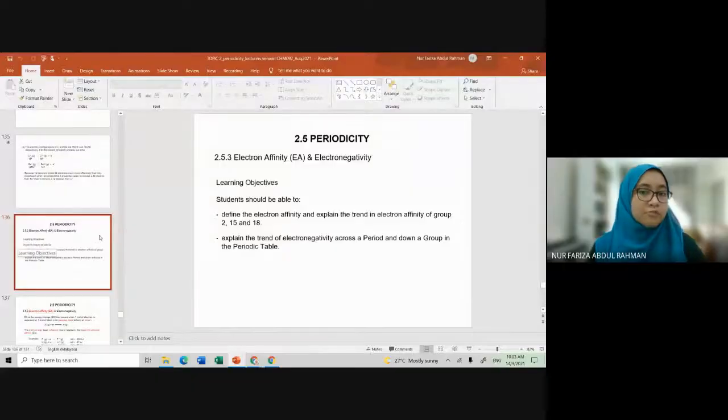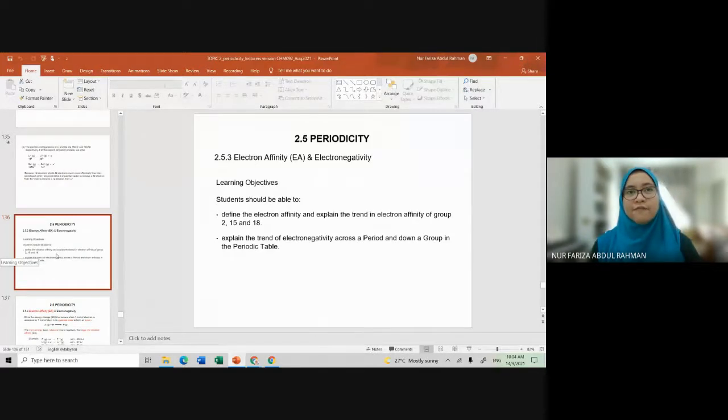We have two more subtopics that we need to cover before we finally wrap up this topic too. In the previous lecture, we discussed ionization energy and the factors that affect it.